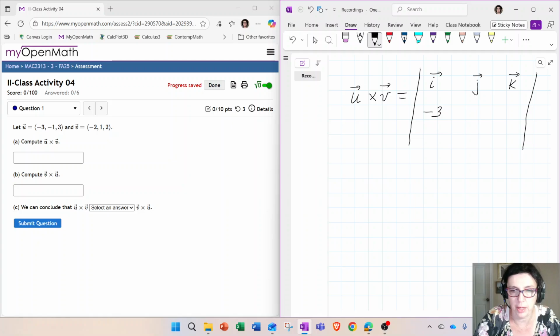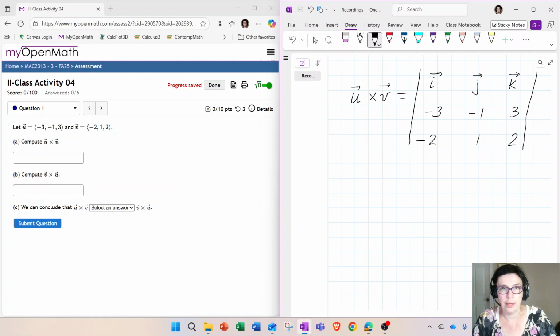So this is going to be -3, -1, 3. And then follow that by v: -2, 1, 2. Very important, you do not switch order, because it can be shown, which we're going to show in a second, that the cross product, unlike the dot product, is not commutative. So if you switch order, you're not going to get the same thing.